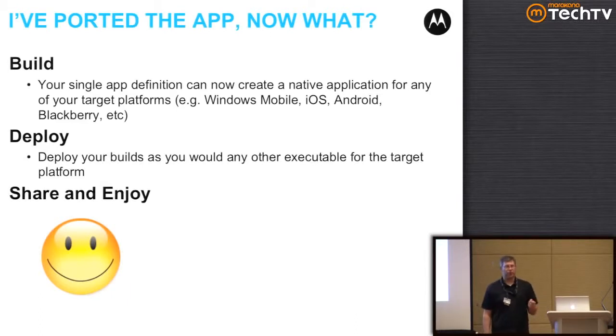We have a tool called RhoGallery that you can use, but you can also use something like Motorola's MSP or Afaria, or put it in the Apple App Store. All you have is a native app package that you can do whatever you want with. For Windows Mobile, you would get a cab file. For Android, you would get an APK, et cetera. And then share and enjoy your web app.